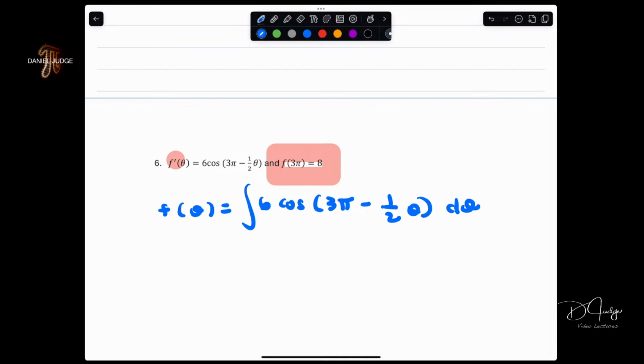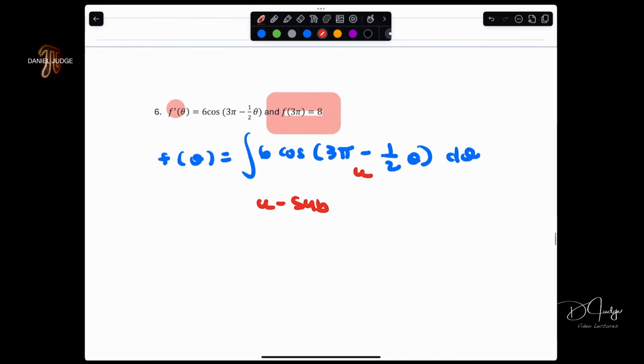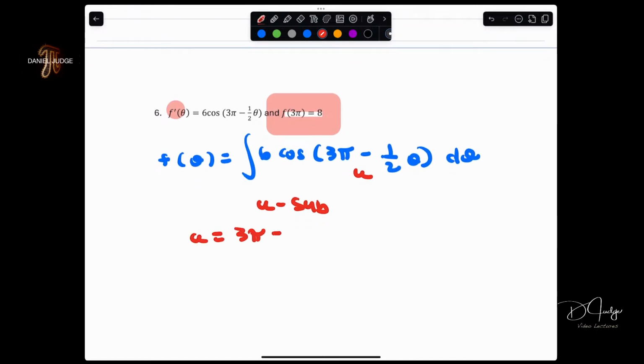So I'm saying that the integral here is another u sub integral, where u is 3 pi minus 1/2 theta. Du d theta is negative 1/2. So we need d theta.